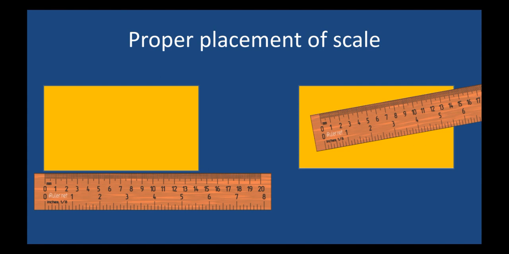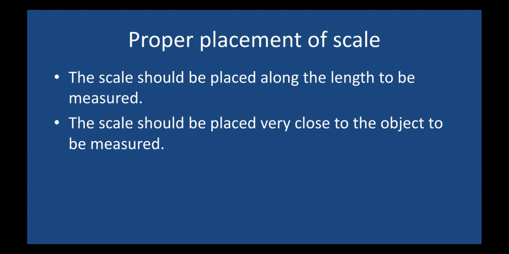This is the wrong placement of the scale. So which is the correct placement of the scale? The first figure. So you should always place the scale along the length of the object whose length you need to find.